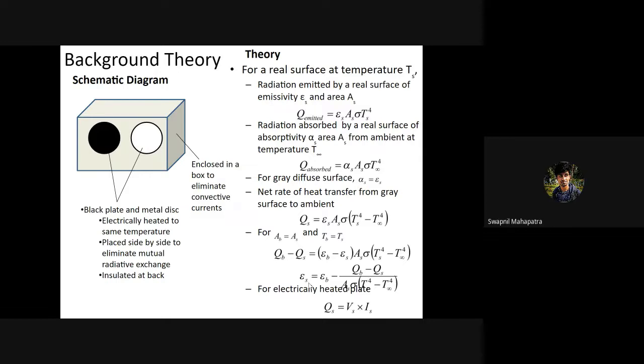As we are considering a disc, there must be a little thickness, due to which there would be radiation in the horizontal direction. You mean from the edges? Yes, sir, from the edges.